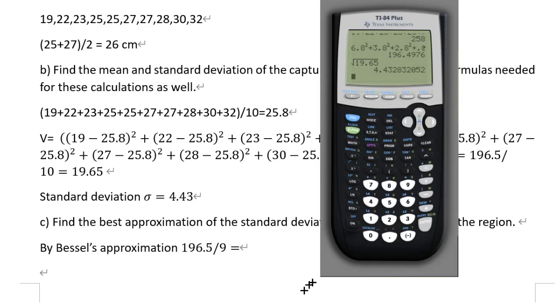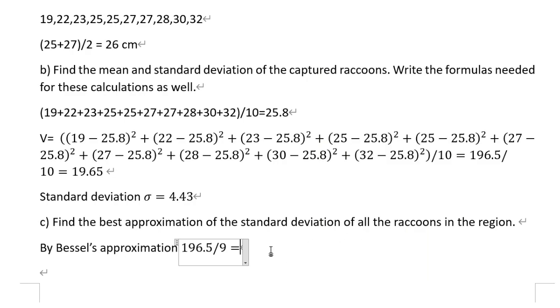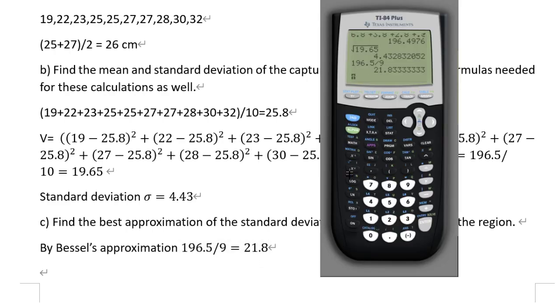And let's see, 196.5 divided by 9, and that gives you 21.83. Okay. And then you take the square root of this number, 21.83.